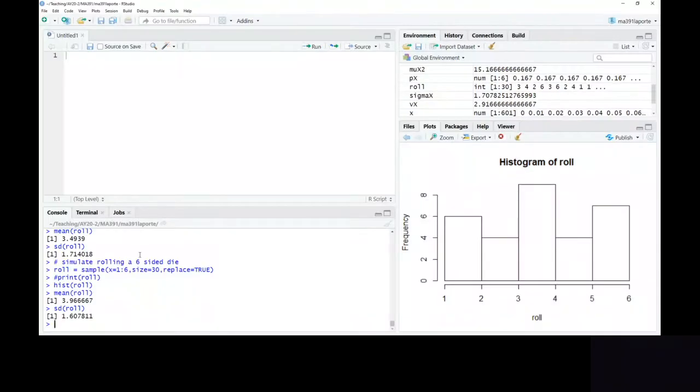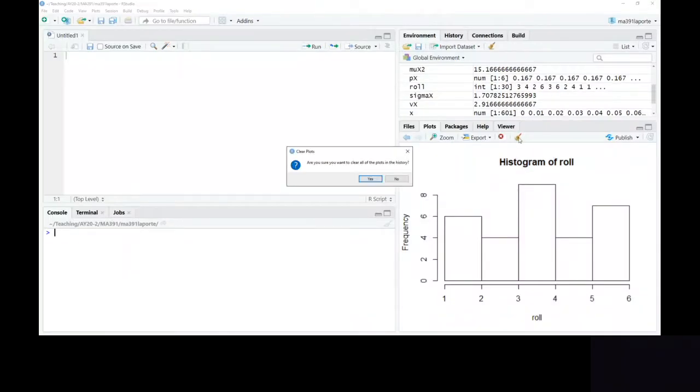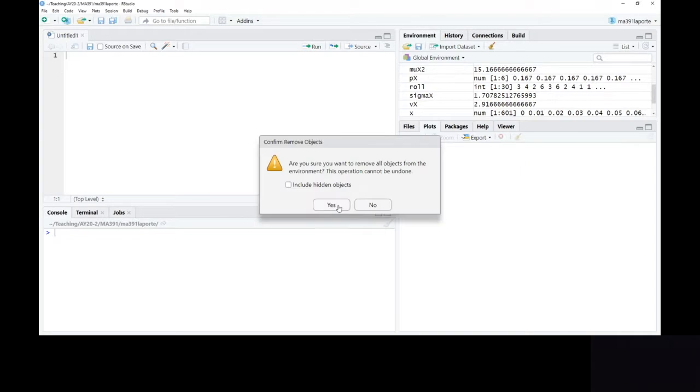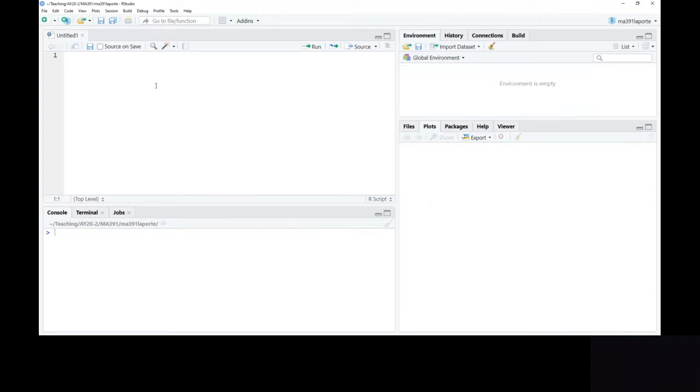All right, I'll delete all of these since I've already been doing some stuff in R here earlier. And we'll let x equal 1 through 6. We'll let p of x equal 1/6. So we're going to recalculate 1/6. 1, 2, 3, 4, 5, and 6.